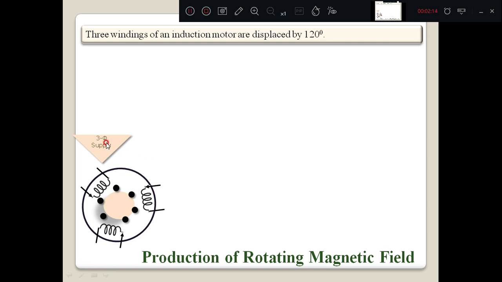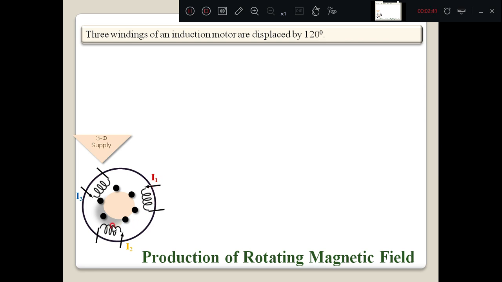When the three-phase supply is given to the stator winding, the currents I1, I2, I3 flow in the three windings. We know that we are giving an AC voltage here. The resulting current flowing through all three windings, that is R, Y, B windings, is also alternating in nature.